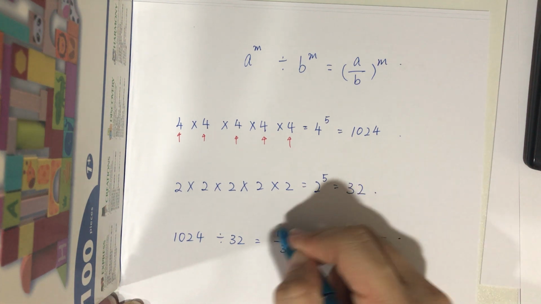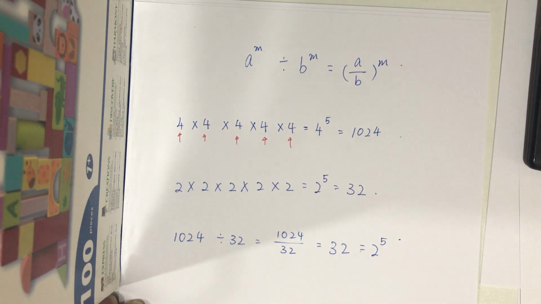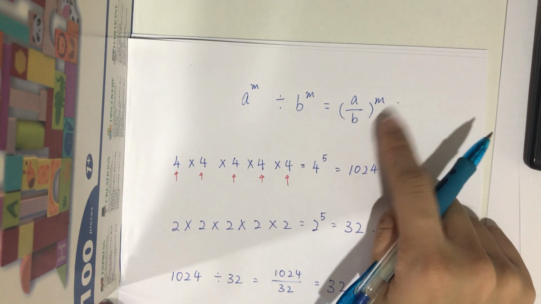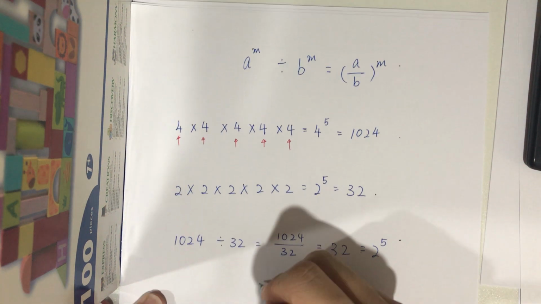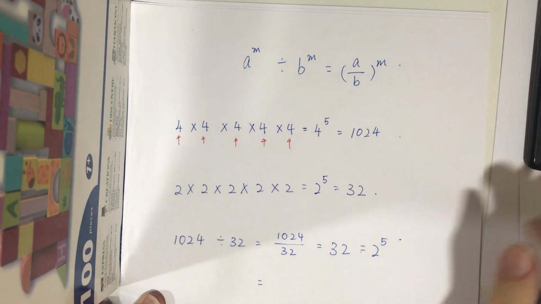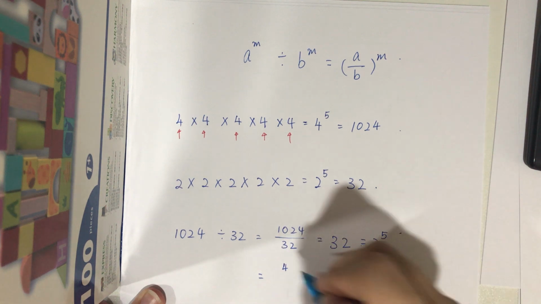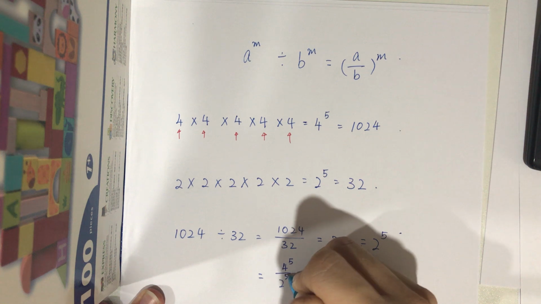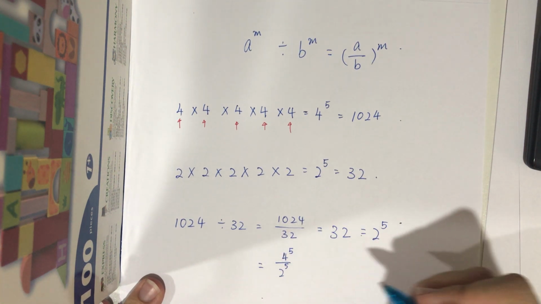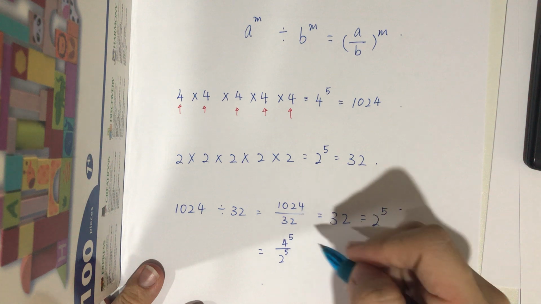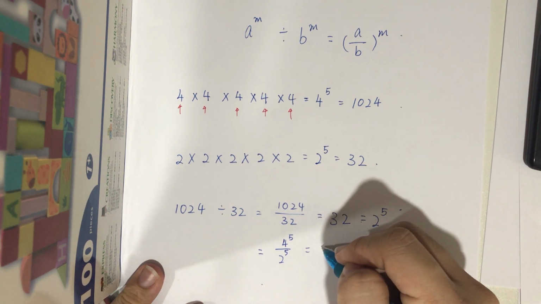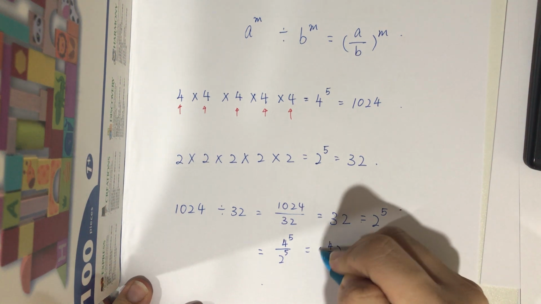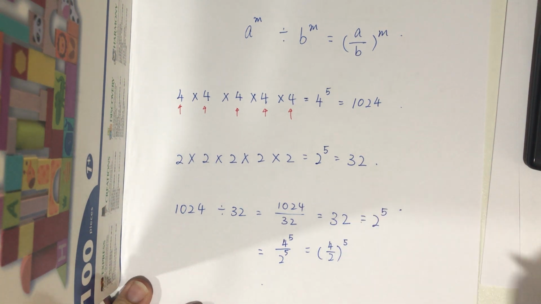Okay, and if we want to work this out based on the law of indices, it tells us that it should be 4 to the power of 5 over 2 to the power of 5, and it will eventually become 4 over 2, the entire thing to the power of 5.